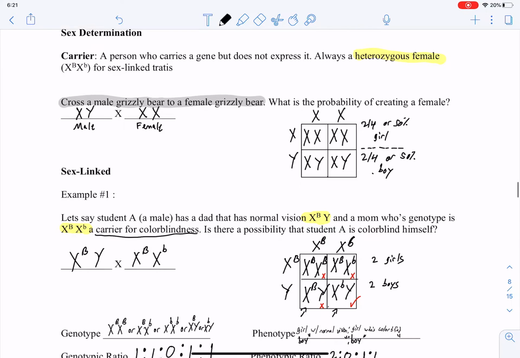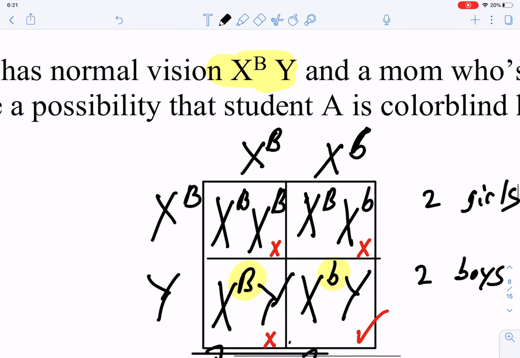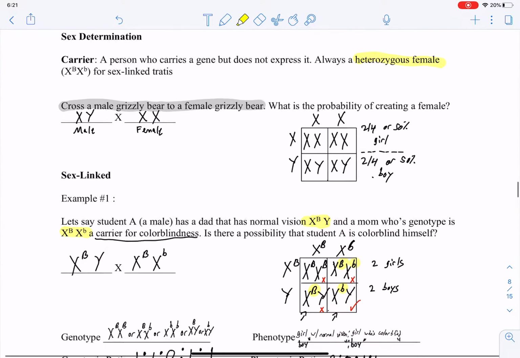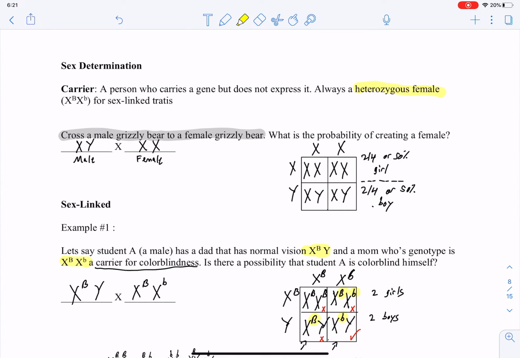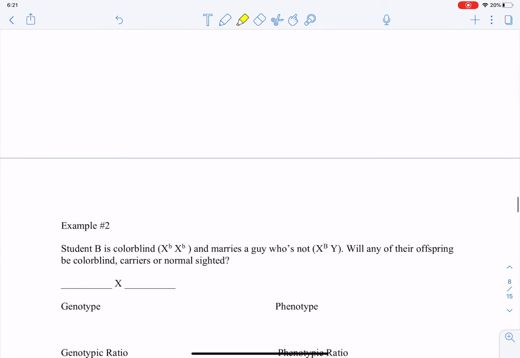Right? We just saw that in this example, right? Whatever allele they had, big B or little b, got expressed. Females, like if we look at this one in the top right, this would be considered a carrier because she's carrying the gene for color blindness, but she is still seeing normally. So with that in mind, we're going to go to our second example.